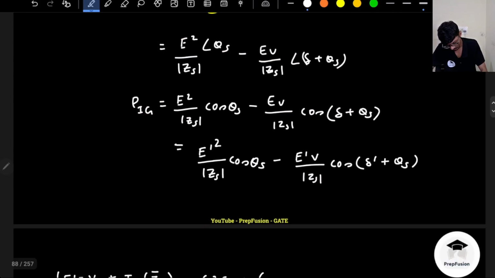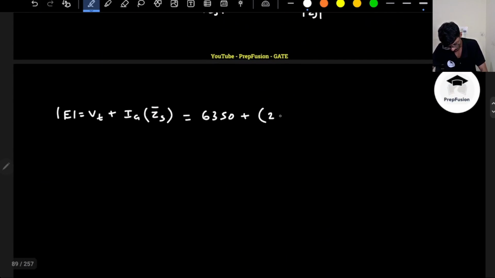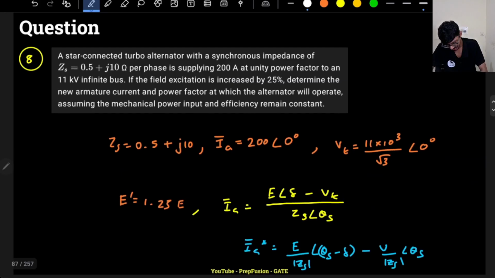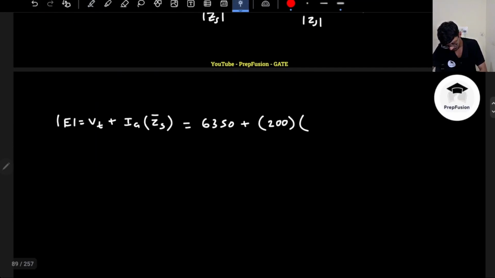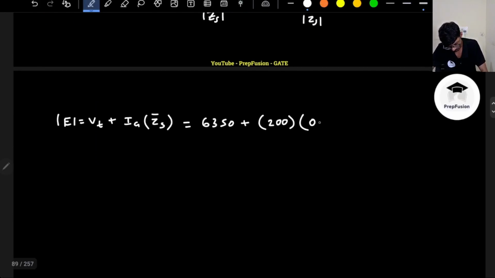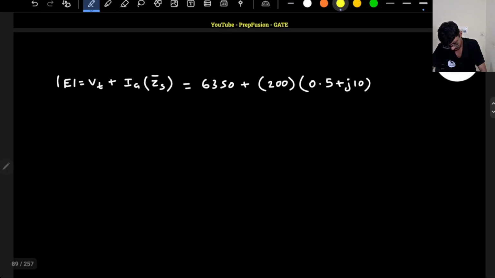Ia was 200, yes, and Zs is basically 0.5 plus j10. So this will be 6450.